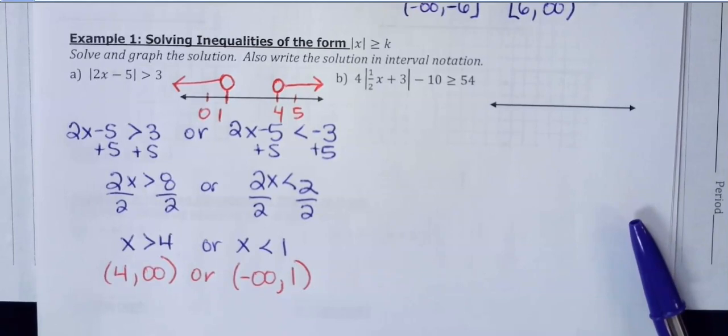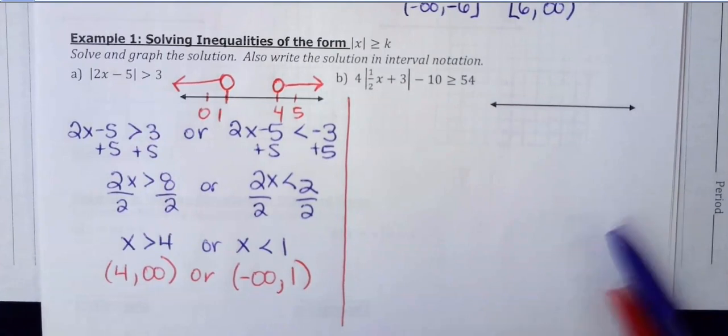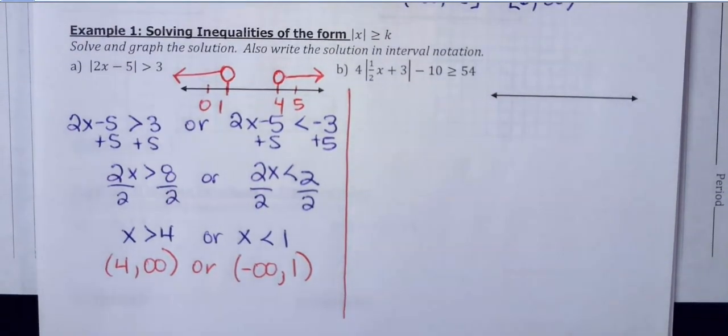And I've got one more that's a little bit more complicated. So if you don't have your absolute value alone, you want to get the absolute value totally alone before you try to apply that definition. And we want to make sure that it's related to a positive number, because if it's not, then the definition doesn't apply.